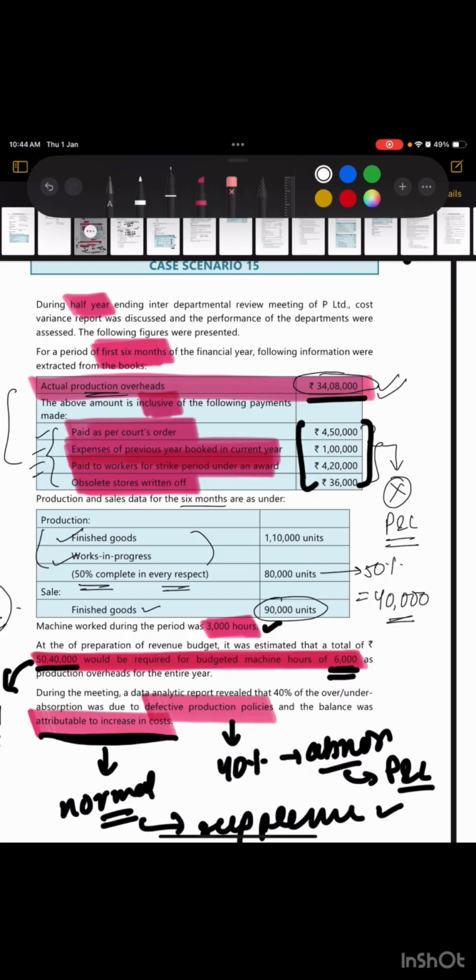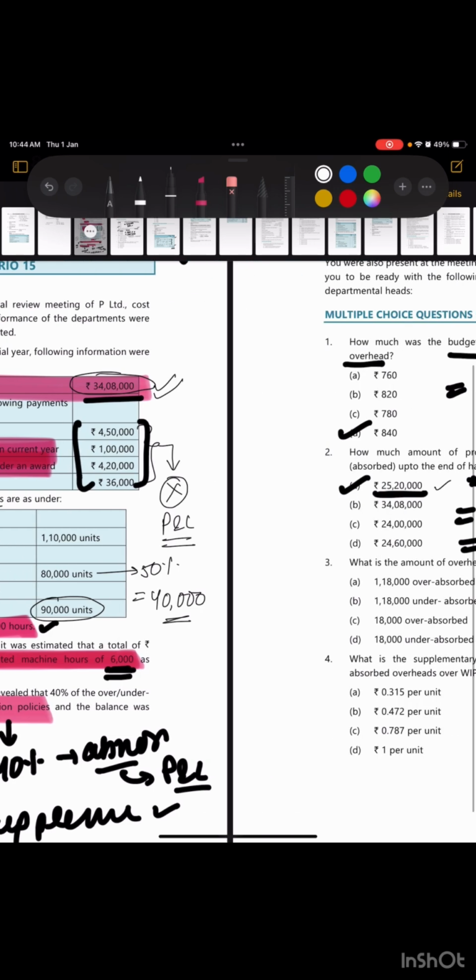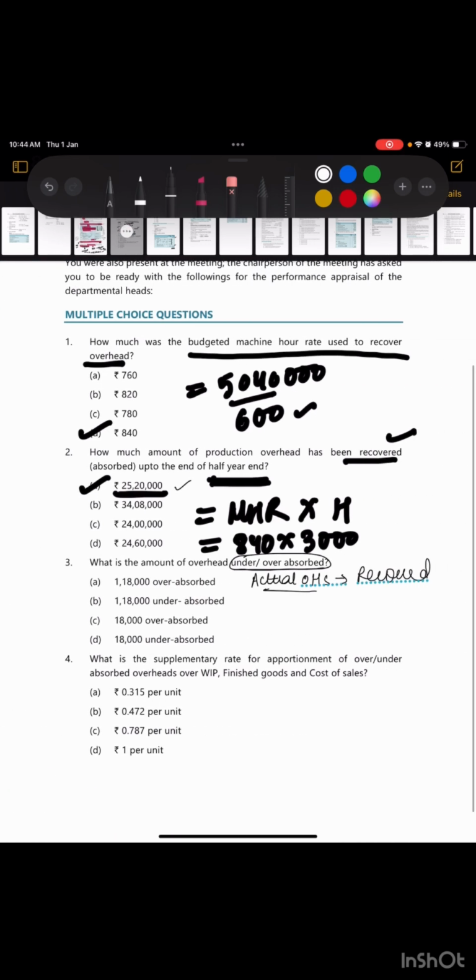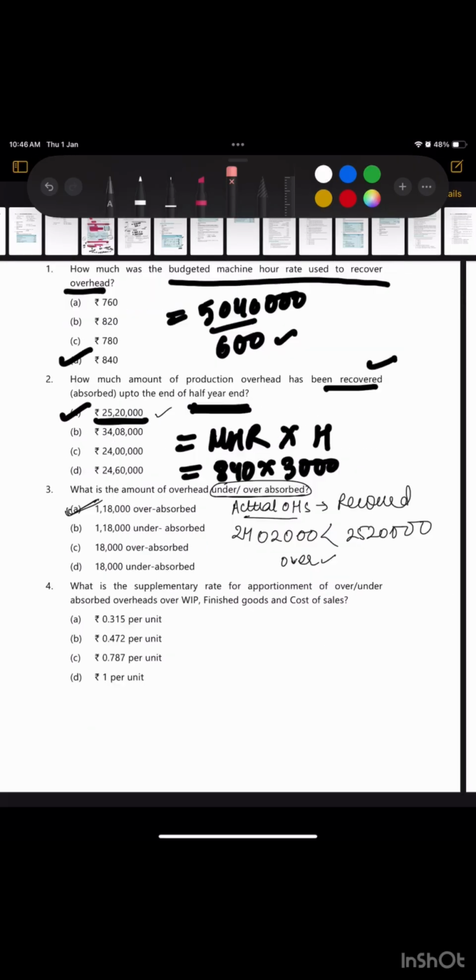So the answer will be 34,08,000 minus 4,50,000 minus 1 lakh minus 4,20,000 minus 36,000. So the actual overheads will be 24,02,000, and the recovered overheads are 25,20,000. Since the recovered overheads are more than the actual overheads, this is a case of over absorption, and it comes out to be 1,18,000 over absorbed.